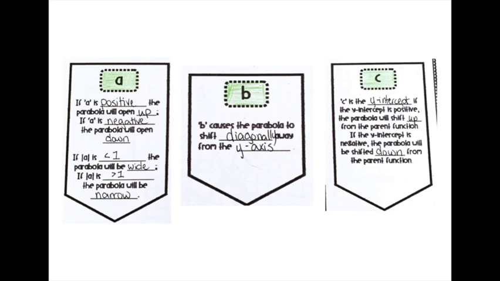It will be narrow. All right. B. B causes the parabola to shift diagonally away from the y-axis.